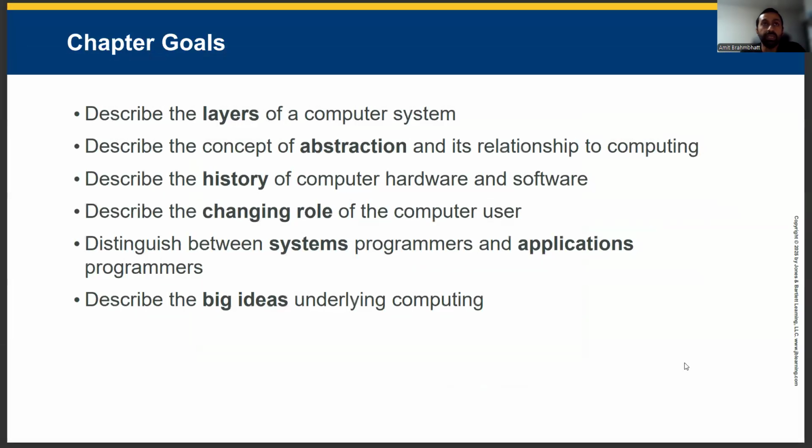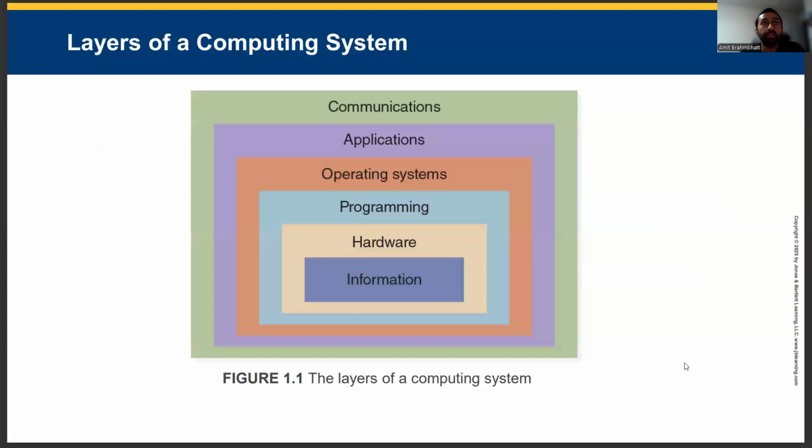So as we see in the next slide, these are the layers of computing systems. The topmost layer is communications, and then we go down to applications, operating systems, programming, hardware, and the bottommost component is information. So it's layered to manage complexity.